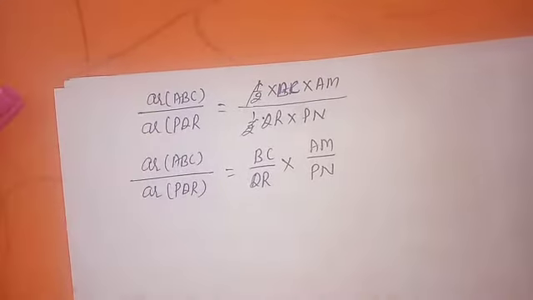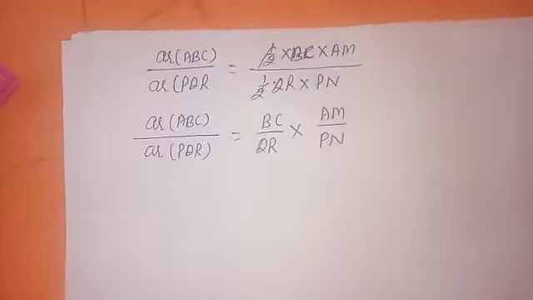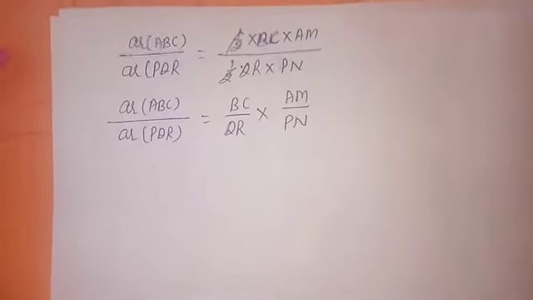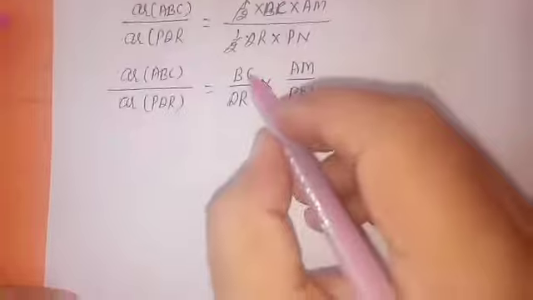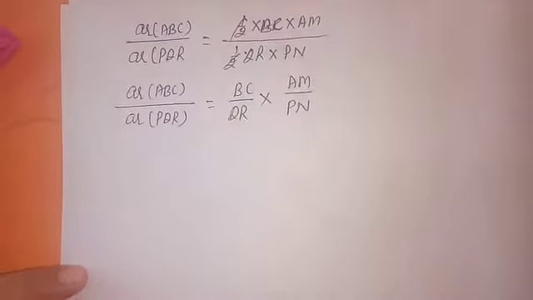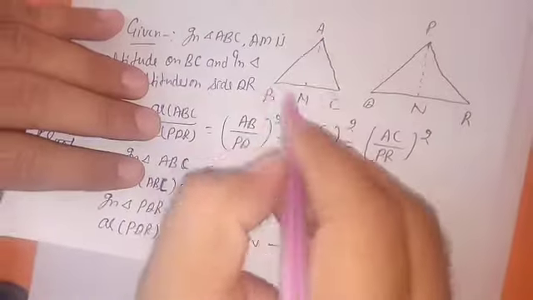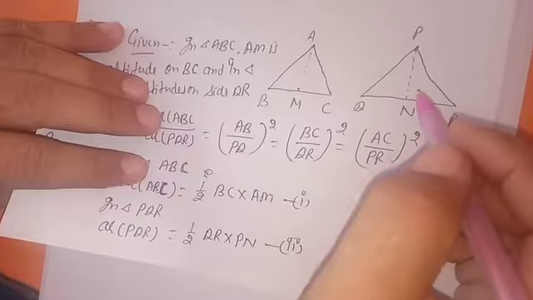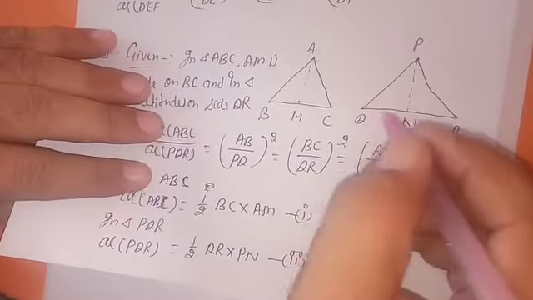After this, what is our main aim? What can we prove? That this ratio is equal to this ratio. How is this possible? This is possible if we take triangles ABM and PQN and prove these both are similar.